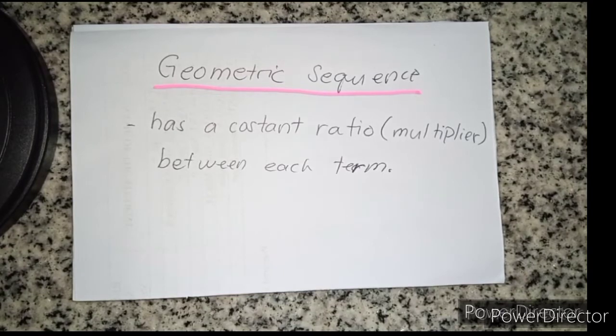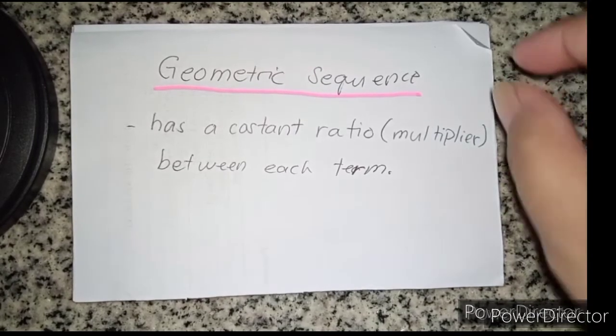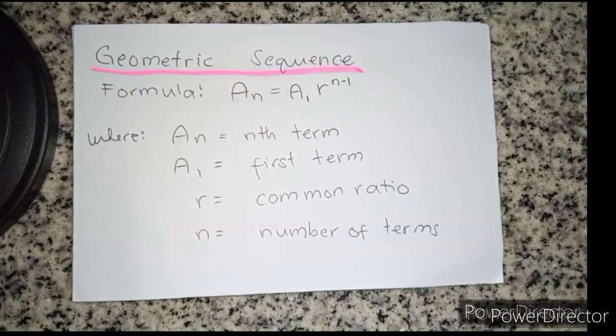Now, let's have the formula for the geometric sequence. So for geometric sequence, we have a sub n is equal to a sub 1 times r raised to n minus 1, where a sub n is the nth term, a sub 1 is the first term, r is the common ratio or the common multiplier, and n is the number of terms.